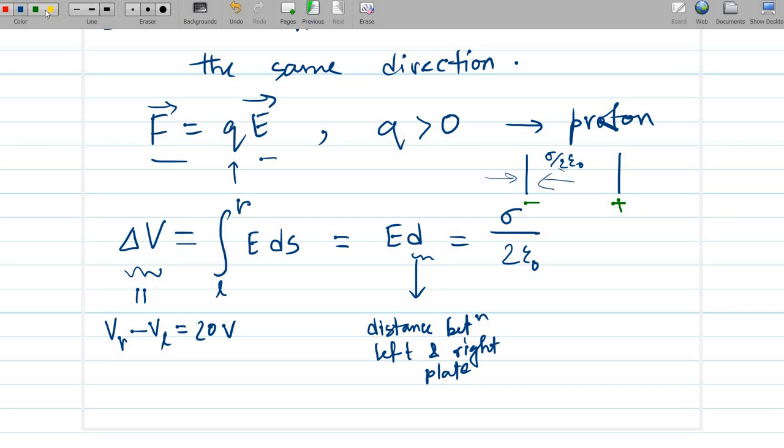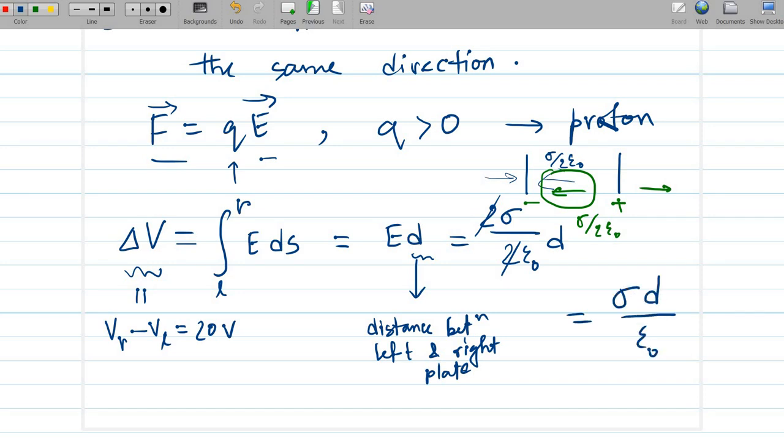Alright, now for the right plate, because it's positive, it's also going outward, right? So as you can see, these two electric fields are in the same direction, so they add up, and you should be able to get a 2 in here times D. So 2 cancels the 2, you have sigma D divided by epsilon.